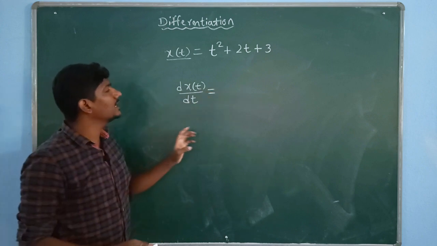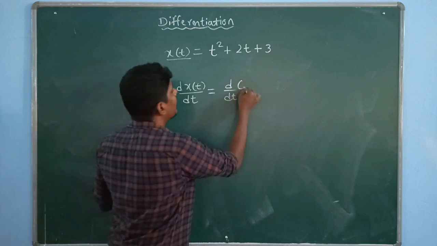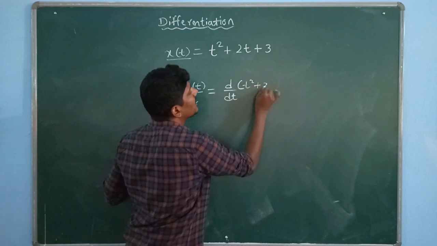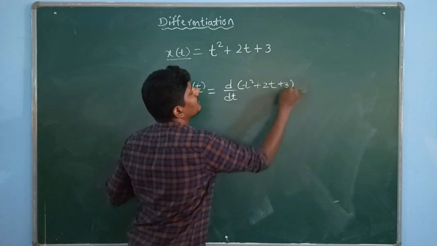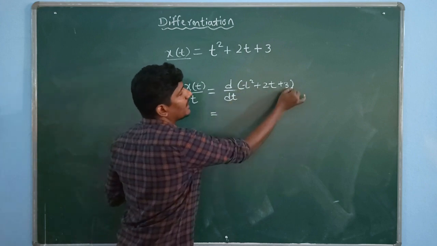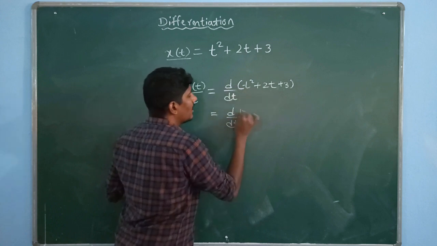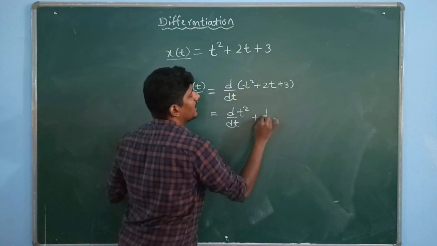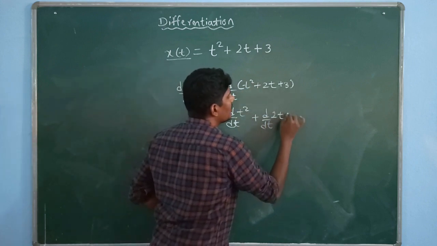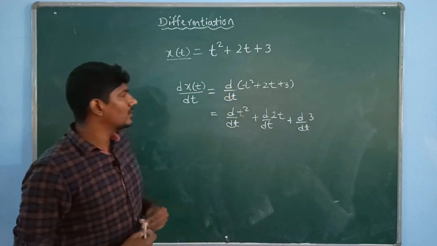Rate of change of position with respect to time. So how to differentiate? Let's see. D by dt. This is the way of writing. In bracket, in place of x of t, what is there? t square plus 2t plus 3. Now apply this differentiation to each and every term separately. D by dt of t square plus d by dt of 2t plus d by dt of 3.